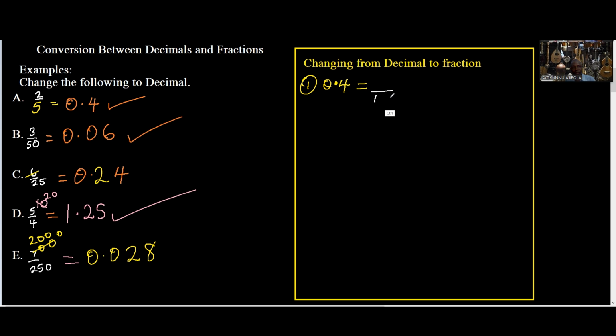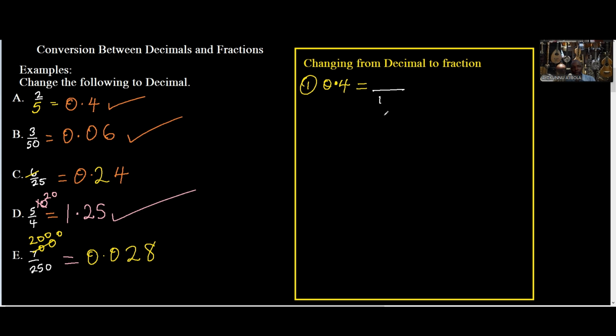That is what I'm trying to explain. You look at the decimals. How many digits are there? It's only one. That means you're dividing by 10. If there are two, you are dividing by 100. If there are four digits, you are dividing by 10,000. If there are three digits, you are dividing by 1000. Is that clear?